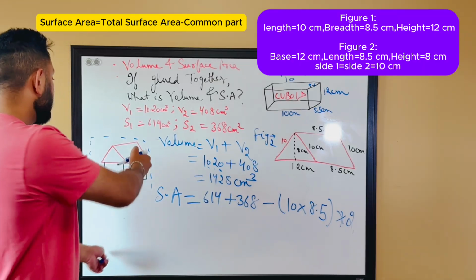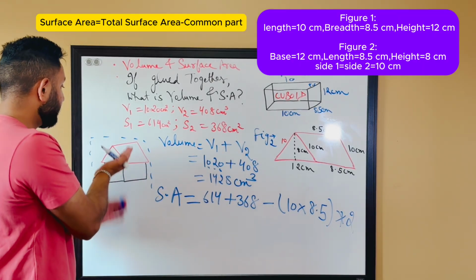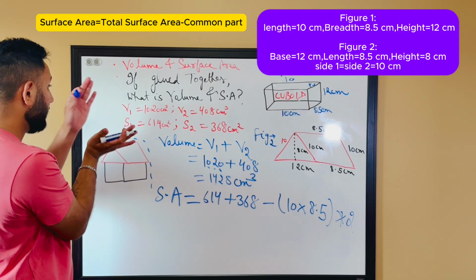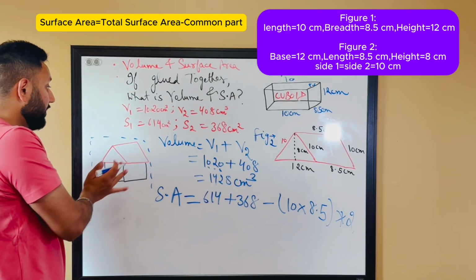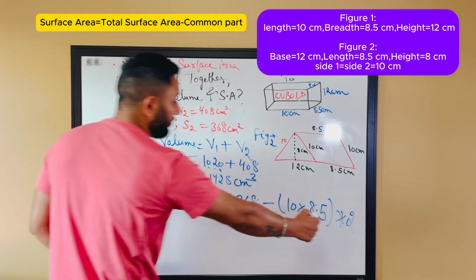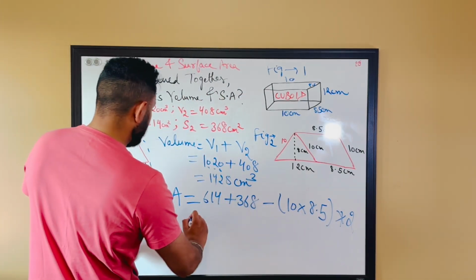Why 2? Because the back surface, the back part of the figure, if we glued two figures together, is also common. So that is the reason we have multiplied it by 2.